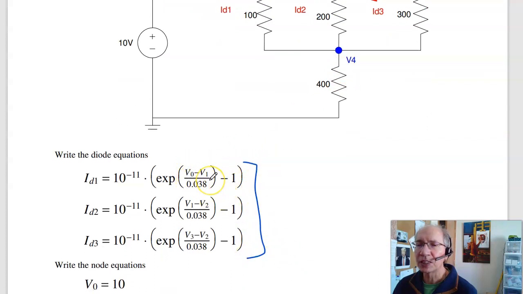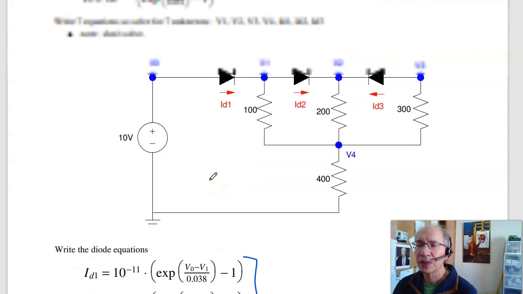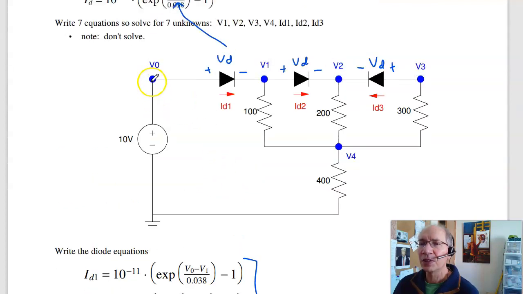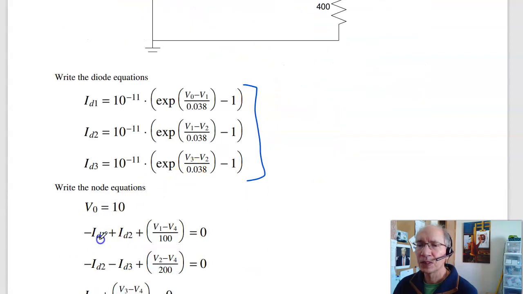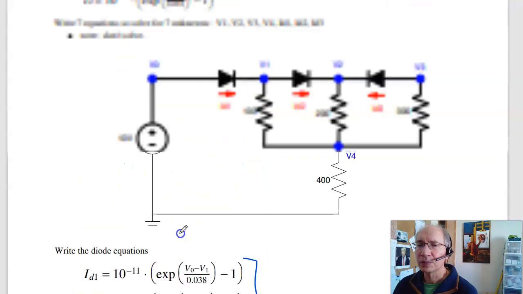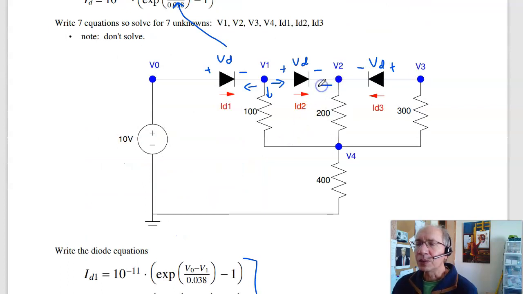Just goes anode to cathode. Next, write the node equations. V0 equals 10. At node 1, the current left, current down, current right add to 0. Current left is minus ID1 plus ID2 plus V1 minus V4 over 100. Gives you this equation. At node 2, current left, current down, current right equals 0, minus ID2 minus ID3 plus V2 minus V4 over 200 equals 0.